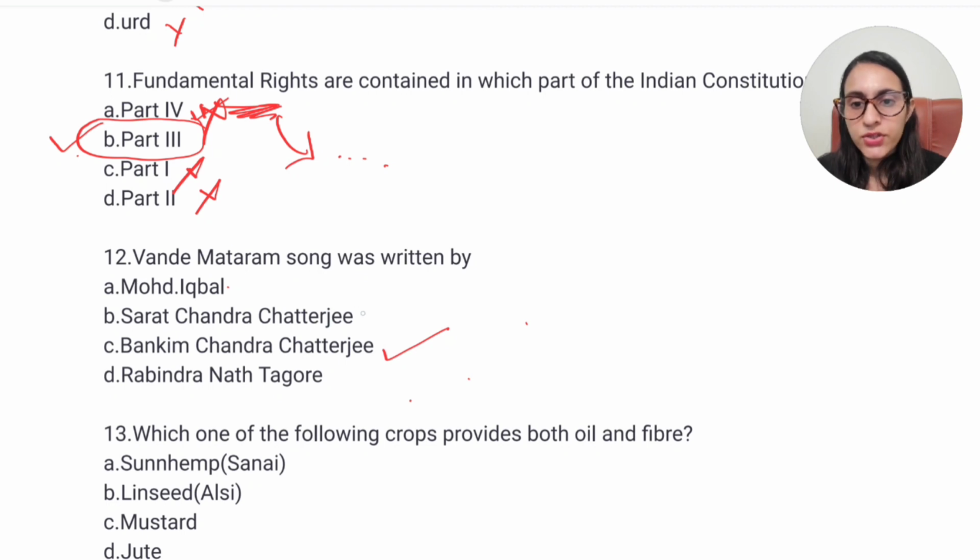Then Sharat Chandra Chatterjee was a famous Bengali novelist and short story writer, but not the author. And Rabindranath Tagore, as we all know, wrote the Indian national anthem, Jana Gana Mana, not Vande Mataram. So the answer to this question is Bankim Chandra Chatterjee, who wrote the song Vande Mataram.